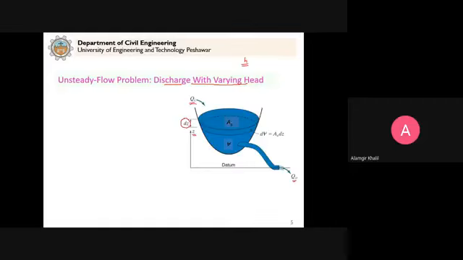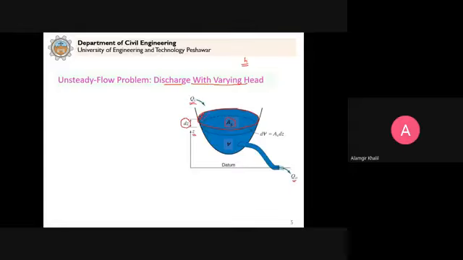This Z will be with respect to a datum that we have to select. Similarly, AS denotes the surface area. What is the surface area? Let's say I consider this water level here.